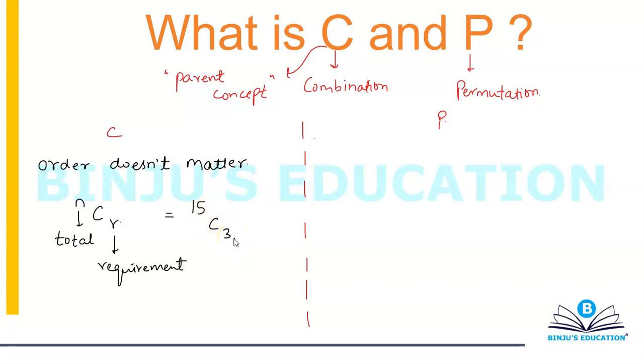Or you can understand it this way: I have a total of 15 students and my requirement is 3 students, so that's 15C3. Now how do you solve nCr? nCr is solved as n factorial divided by (n minus r) factorial into r factorial. Using this, you'll get your answer as 15 factorial divided by 12 factorial into 3 factorial.